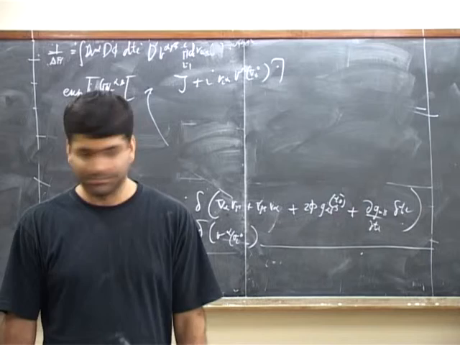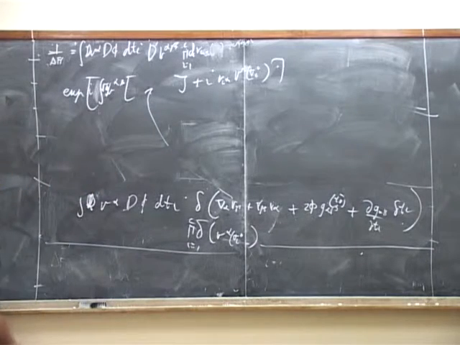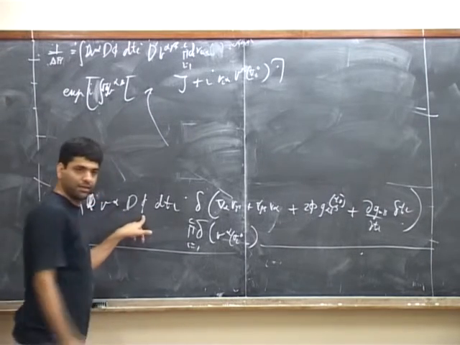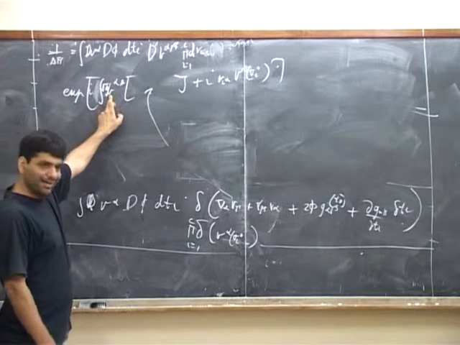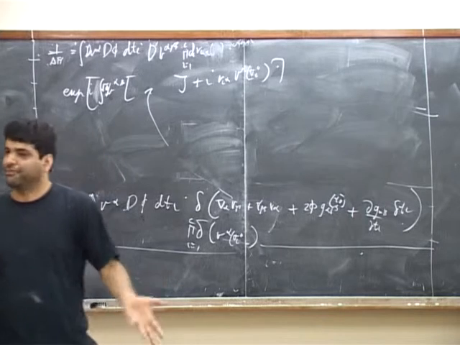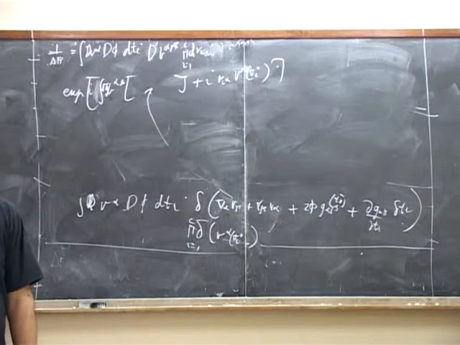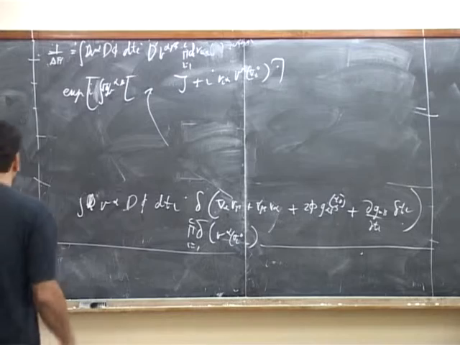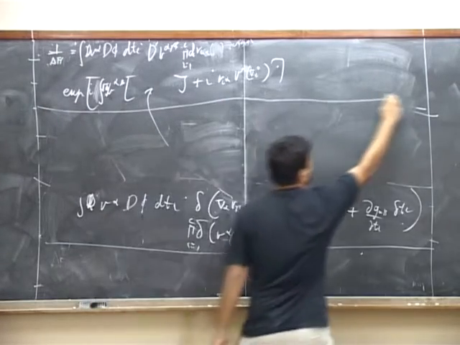Is this clear? Okay? So we can drop the integral over phi, provided we take care to only do the path integral over traceless b alpha beta. Okay? So that's our next step.